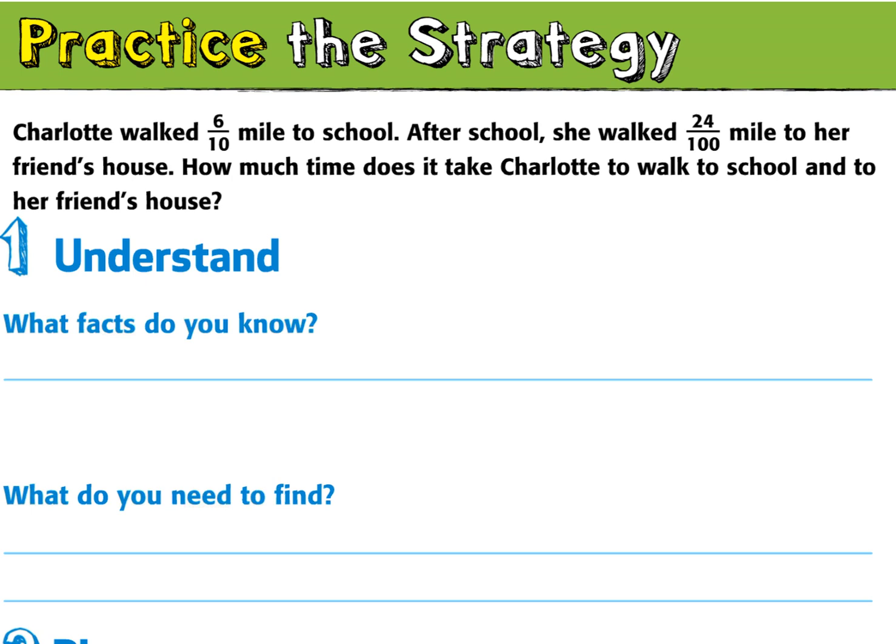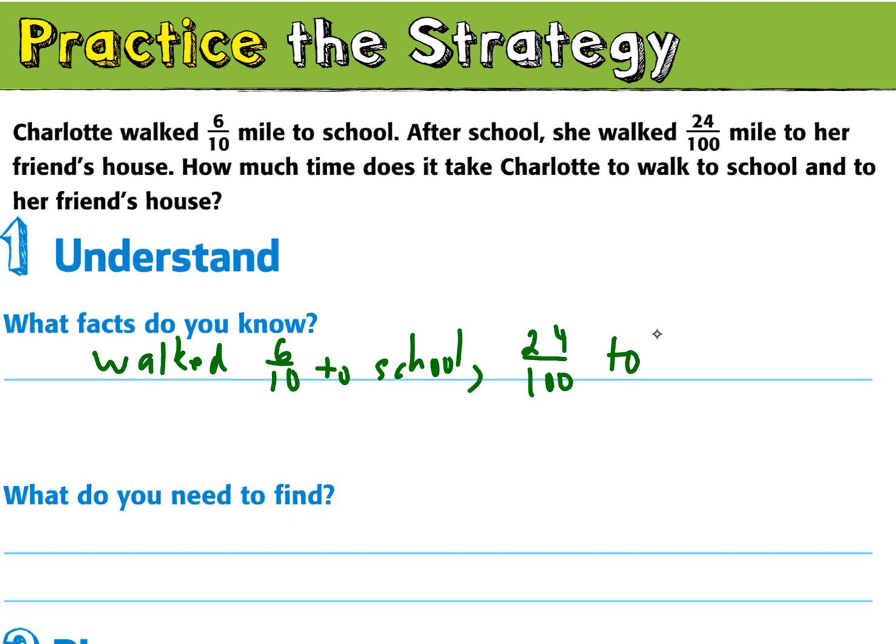Let's start with, what do we know? We know that she walked 6/10 to school. We also know that she walked 24/100 to her friend's house.